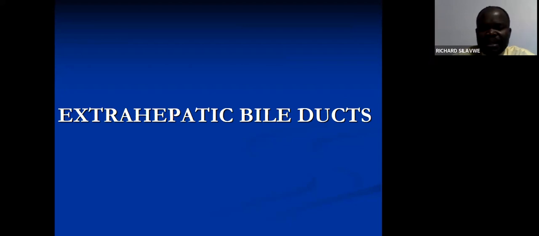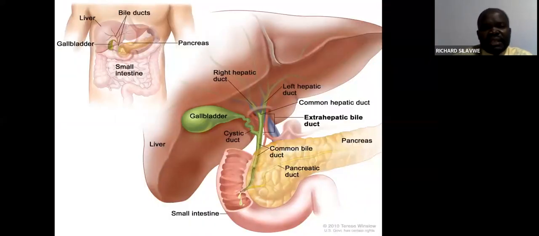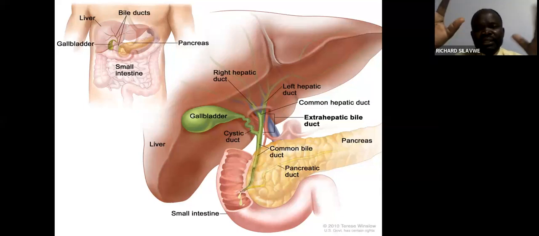Then on the extrahepatic biliary duct, I just showed the anatomy on the schematic diagram there. You can see we have the right hepatic duct, the left hepatic duct, and the common hepatic duct, which form the extrahepatic duct. Then we also have the gallbladder, the cystic duct, the common bile duct, the pancreatic duct there, and also the ampulla ovata.